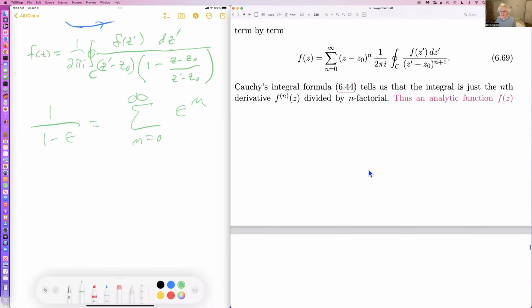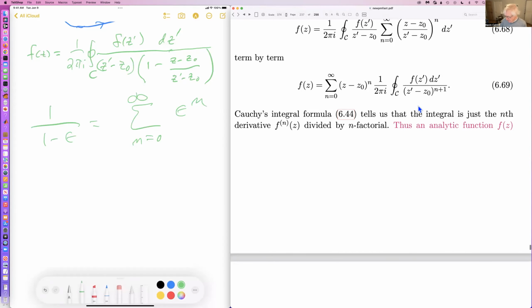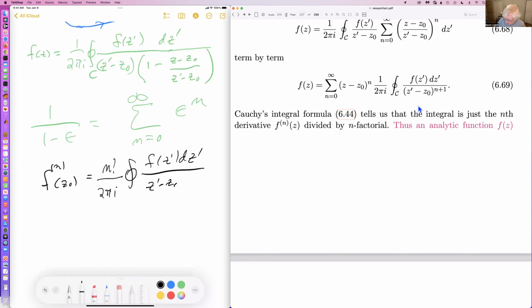But now you remember Cauchy's integral formula. Cauchy's integral formula is that the nth derivative at z0 is equal to n factorial over 2 pi i times this integral of f of z prime dz prime over (z prime minus z0) to the power n plus 1.